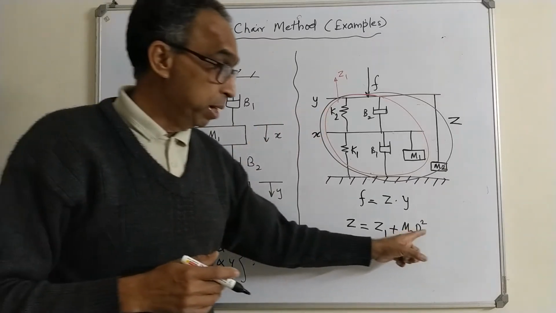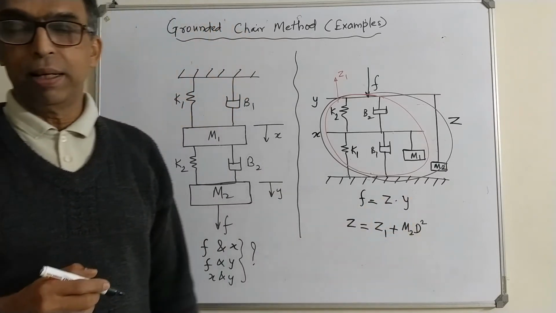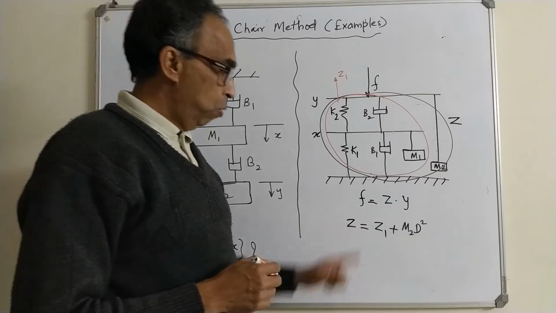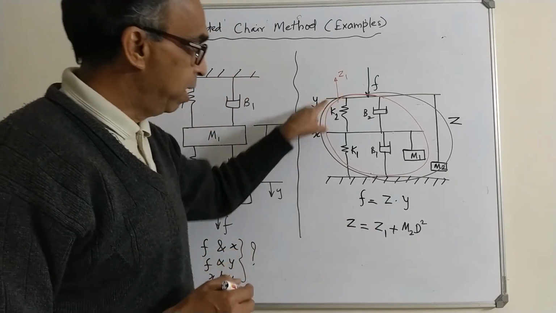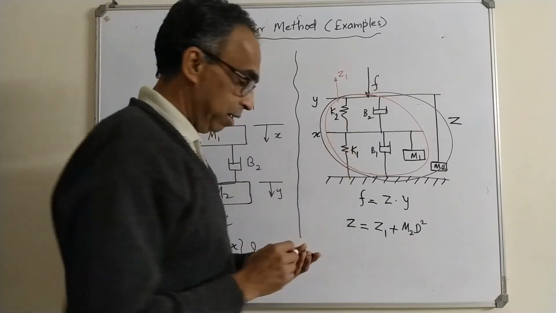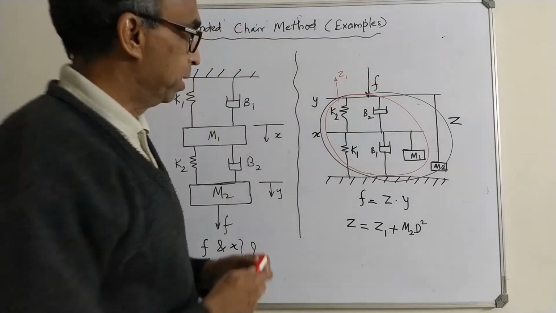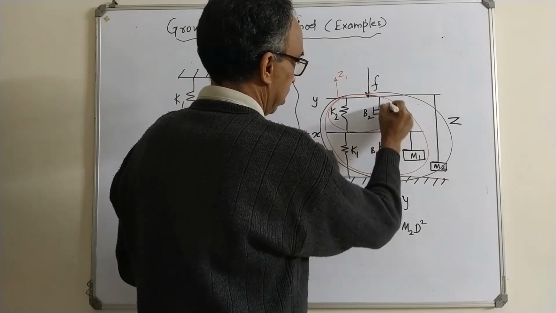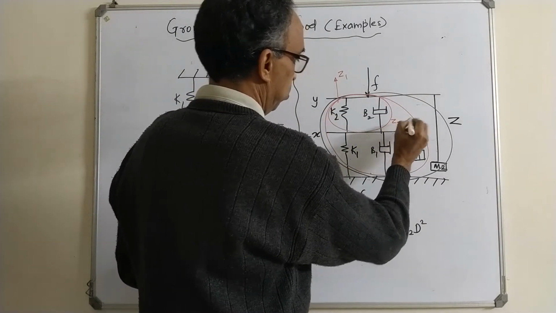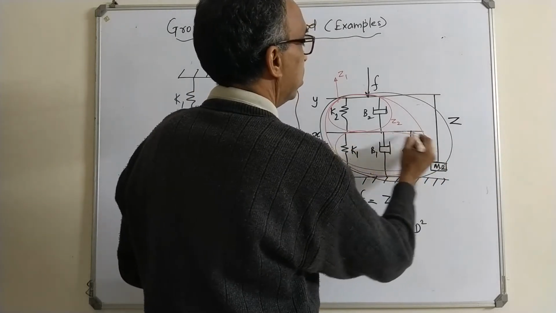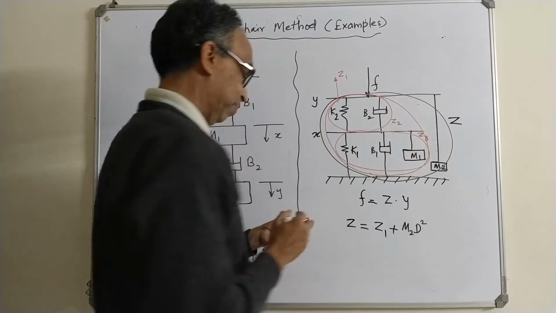So M2 D squared is the impedance for mass M2. Now, what is Z1? I'll add two more nomenclatures here. Z1 is there. Now I circle this and call it Z2, and I circle this and call it Z3.